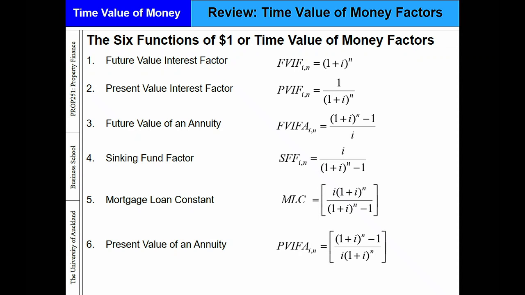We know that future value is greater than present value. So in order to go from a smaller amount, the present value, I need to multiply that present value by something greater than 1. So to go from something smaller to something bigger, I need to multiply by a value that's greater than 1.